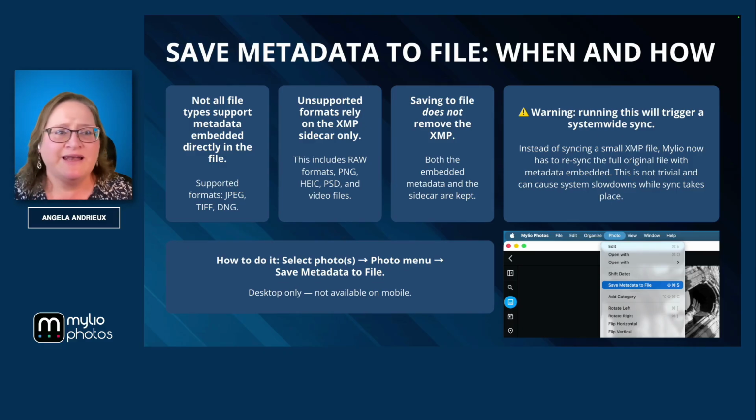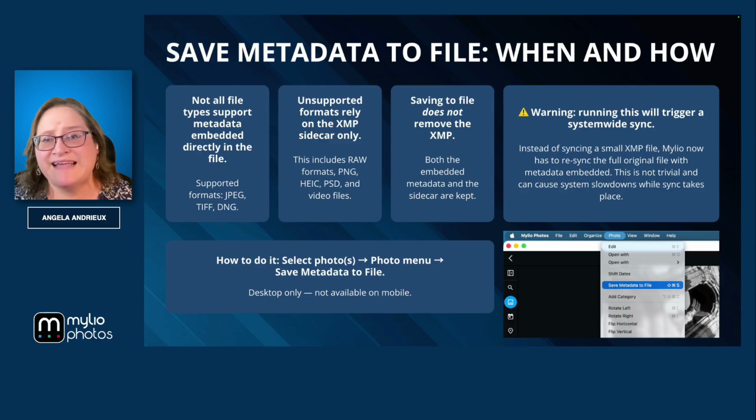All right, so saving metadata to the file: not all file types support having your metadata embedded in the file itself, which is one reason why XMPs are important. You can save metadata to the file for JPEG, TIFF, and DNG, but you cannot do that for raw files, PNGs, HEIC, PSD, video files, documents, and so forth.